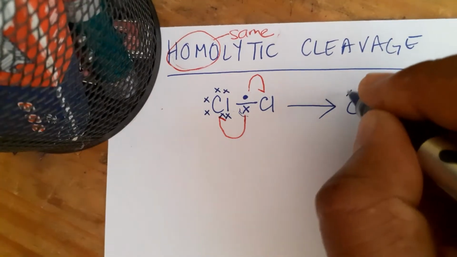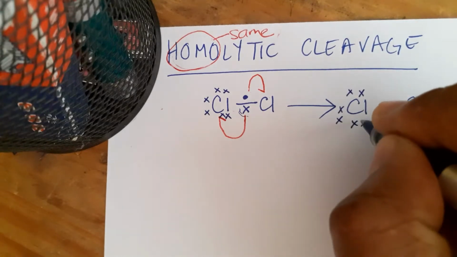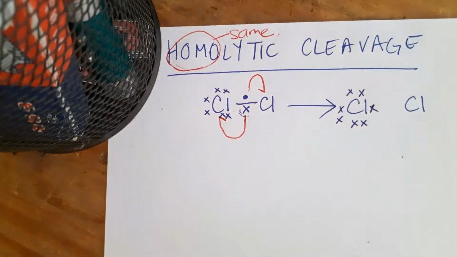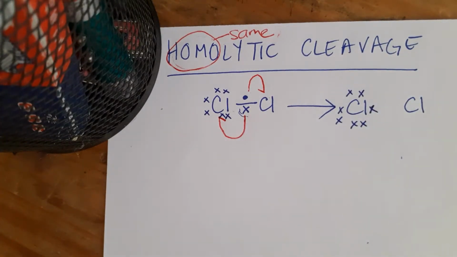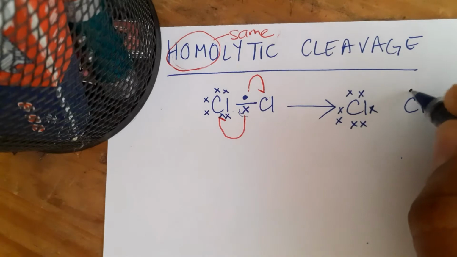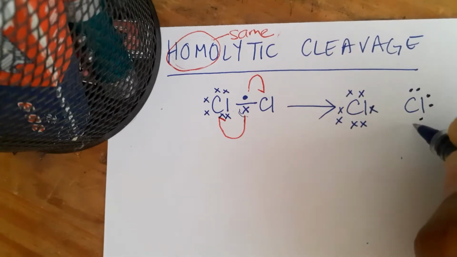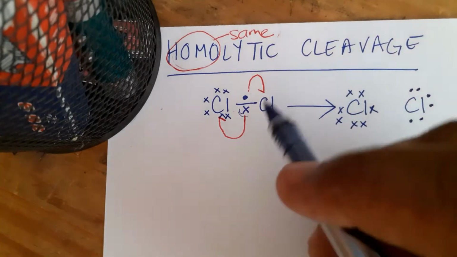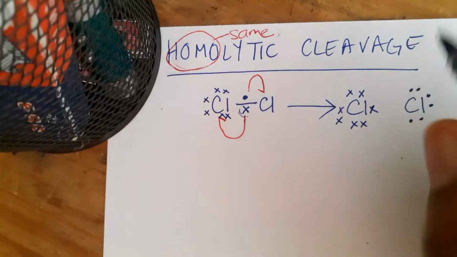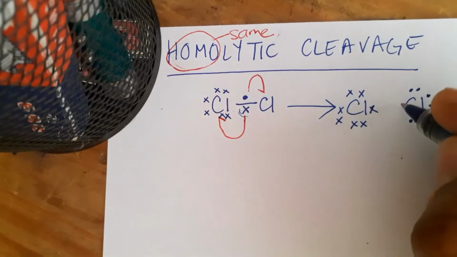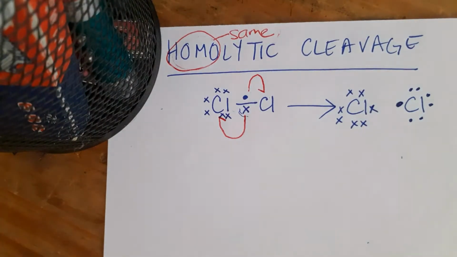So now what we have is a chlorine atom back in its unbonded state, right? The other chlorine atom, same thing happens. It originally had 7 electrons. It had given up 1 for bonding, but now through the breaking of this bond, it got back the electron that was involved in the bond.